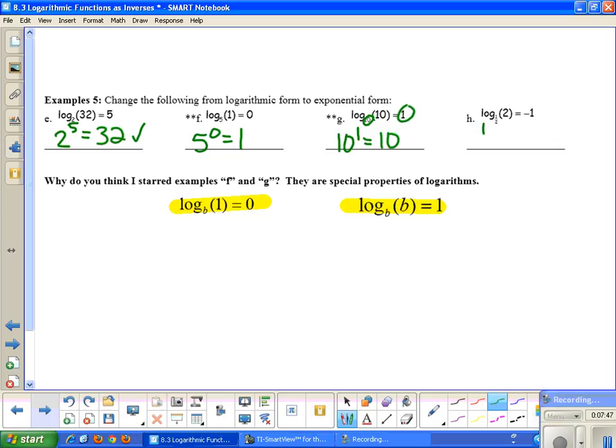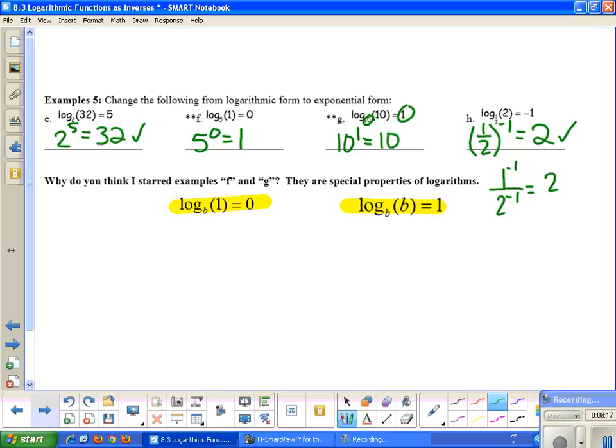And over here, my base is 1/2, so 1/2 to the negative 1 would be equal to a value of 2, because remember when we have negative exponents, that changes it from the numerator to the denominator or denominator to numerator. So this would be really 1 to negative 1 over 2 to negative 1, so that would switch everything. So this would really be equal to a value of 2. So that one checks out.